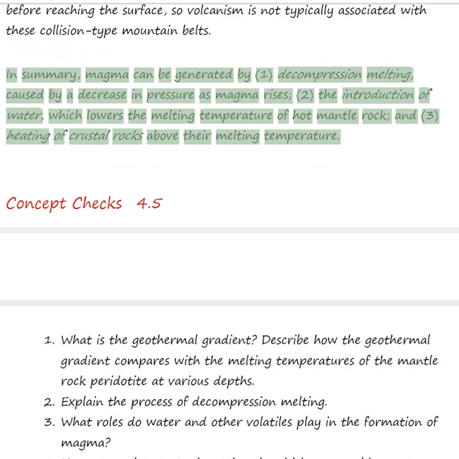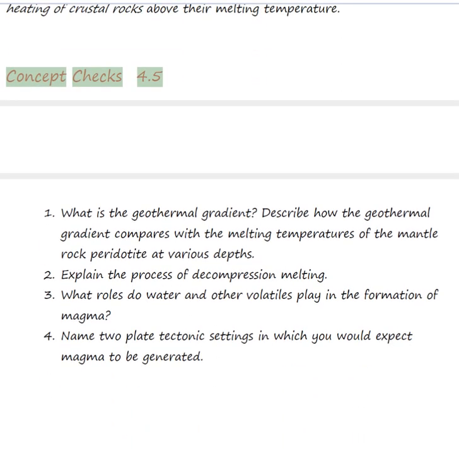In summary, magma can be generated by decompression melting, caused by a decrease in pressure as magma rises, the introduction of water, which lowers the melting temperature of hot mantle rock, and heating of crustal rocks above their melting temperature.